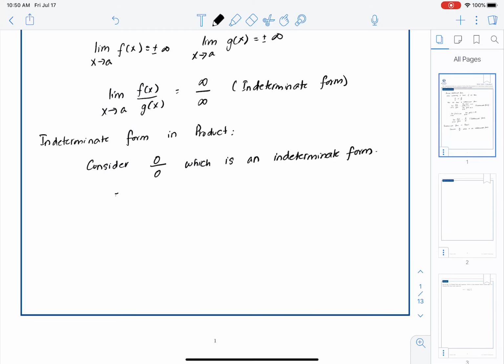I could write this as 0 times 1 over 0. And we know 1 over 0 is infinity. Now, in algebra, we often call it undefined, but technically speaking, in mathematics, it is infinity. In advanced math, we usually refer to it as infinity. So this form, 0 times infinity, is an indeterminate form.